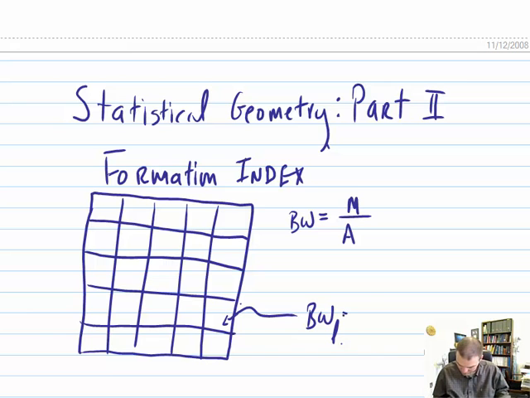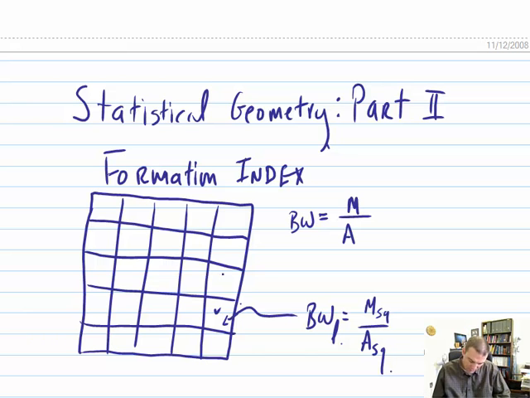For an individual square, we would have the mass of the square divided by the area of the square. That would give us our local basis weight for that particular region. And when we did this, we would find that, of course, on average, when we added up all of these, they would average out to the overall basis weight of the starting sheet.